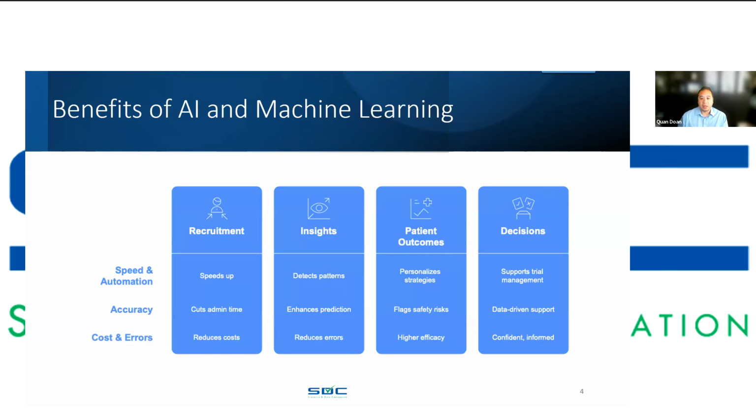And again, one of the things here is better patient outcomes, right? So you're seeing clinical sites use AI to help personalize treatment plans. A lot of us also have used virtual assistants, right? I'm sure if you have a symptom or a question, you're asking ChatGPT what you think this might be.